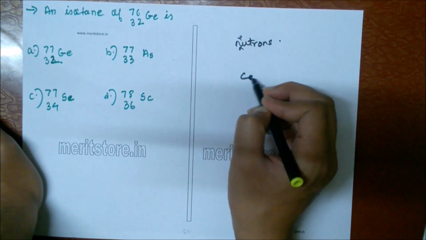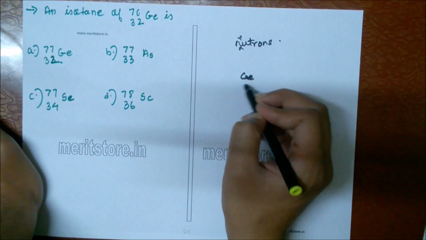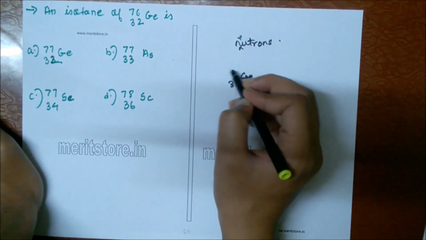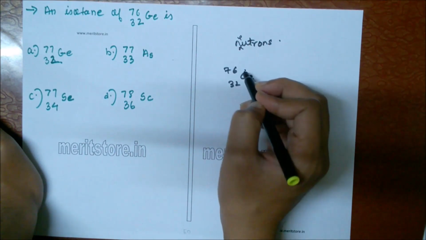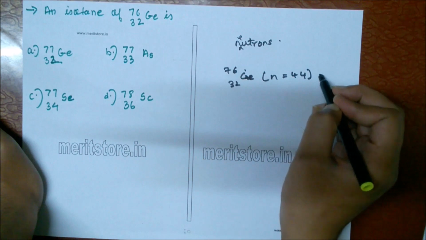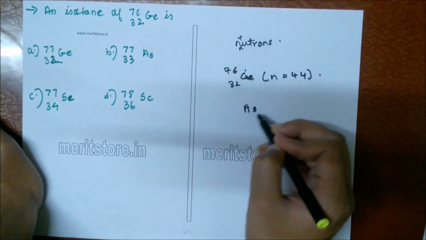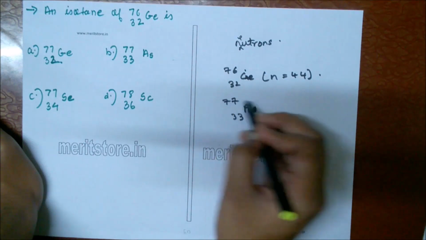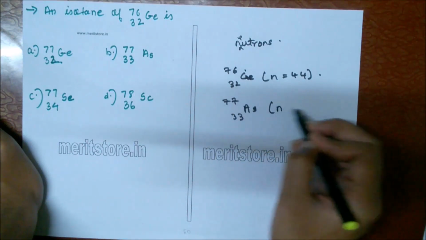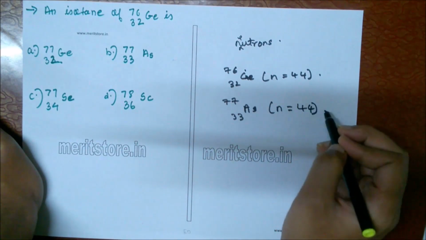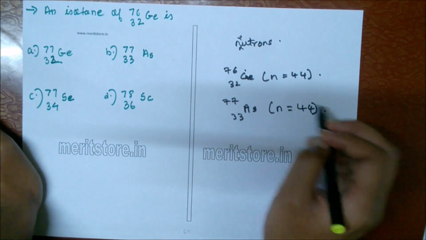Hence, Ge with atomic number 32 and atomic mass 76, so their neutron number is 44. As will have 33 as the atomic number and 77 as their mass. On difference, we get the neutron number as 44. So these two are isotones of each other. Option B.